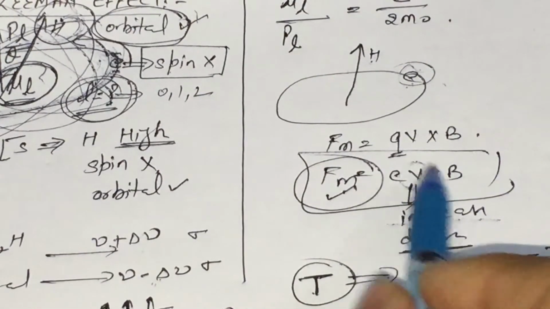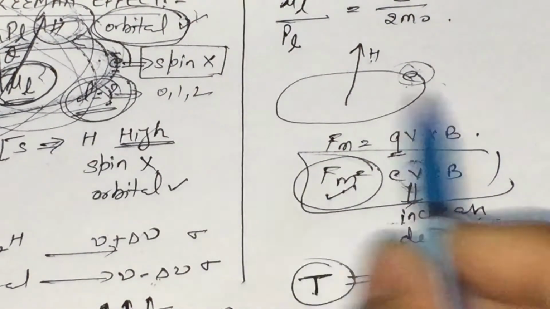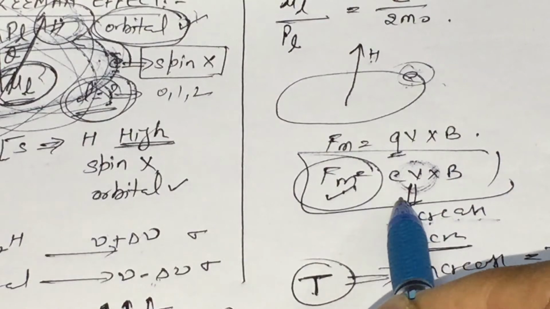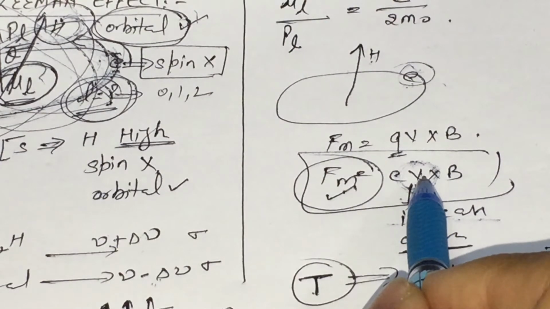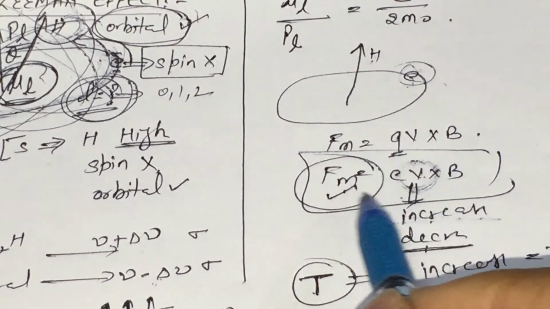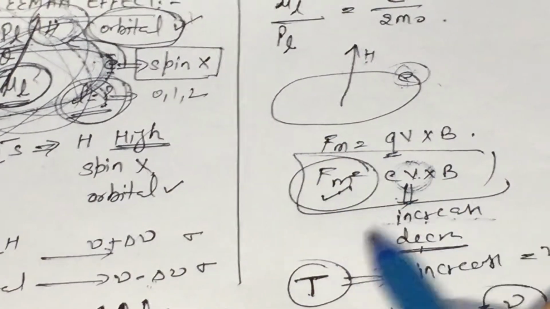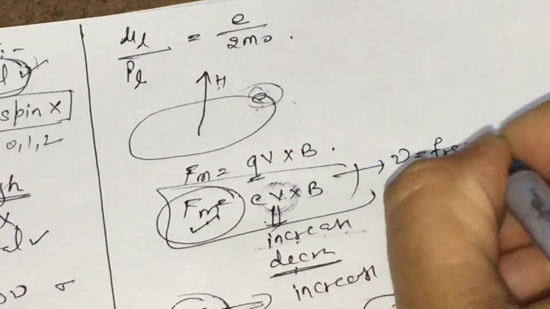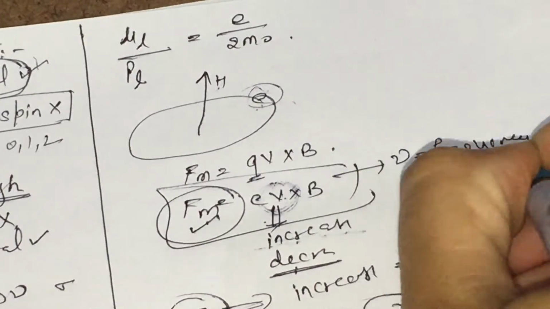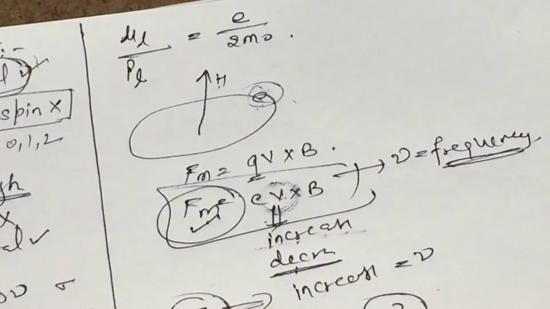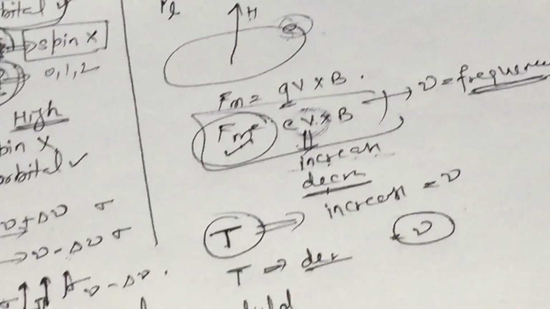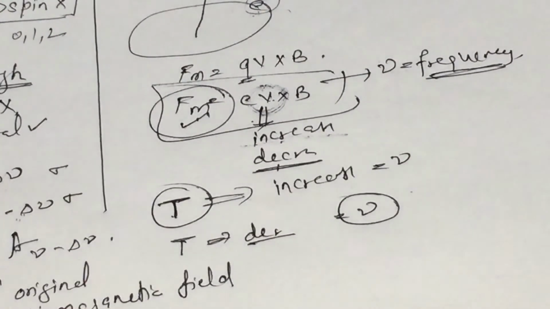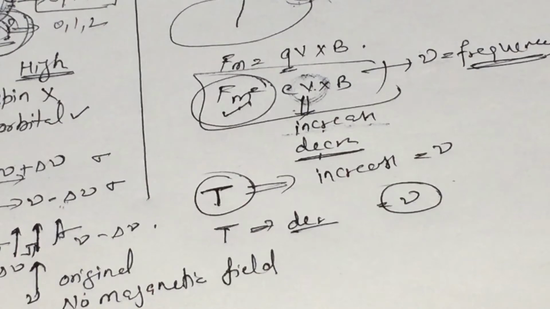Indirectly, if the velocity goes on increasing, the number of rotations goes on increasing, and if the velocity goes on decreasing, the number of rotations goes on decreasing. Hence, there is an effect on the rotation number per second of the electron, and that physical quantity, well known to you, is none other than frequency.